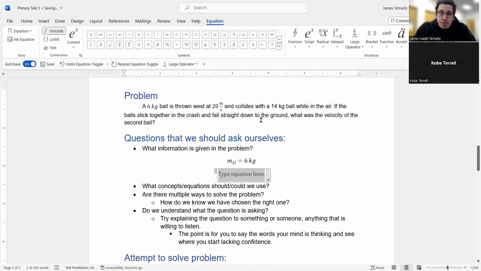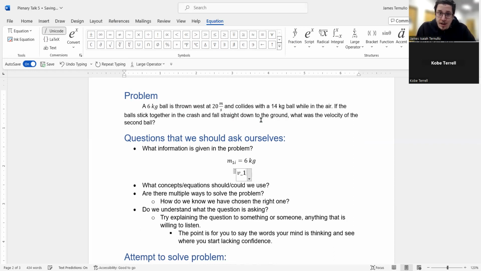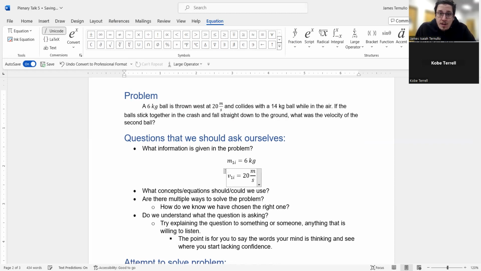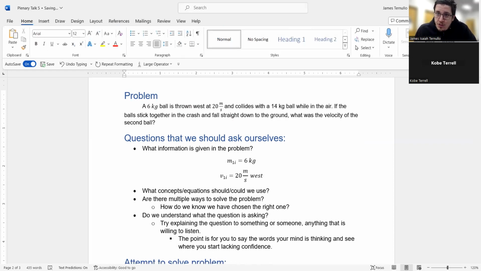All right, and we're told that it's moving west at 20 meters per second. So V1I is 20 meters per second west. This is important. We'll draw pictures and things, or I will attempt to draw pictures to make this make sense. But first we need to pull all the information from the problem.